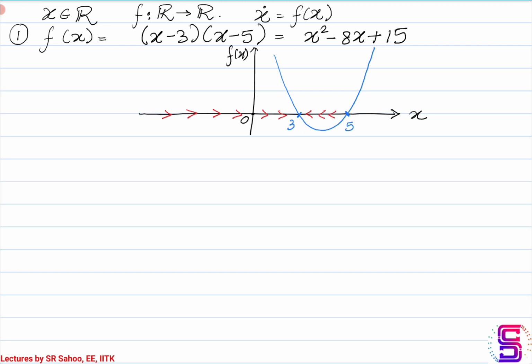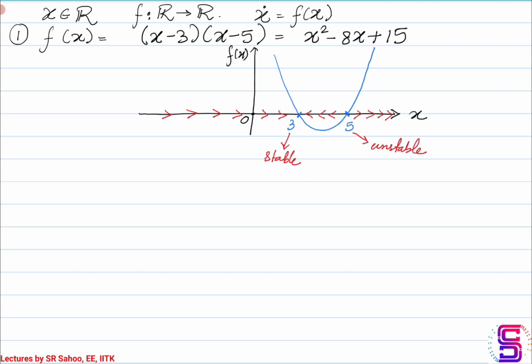And for the points on the right side of 5, ones which are more than 5, you will have vectors which are pointing away from 5. So from this vector field diagram, we can conclude that 3 is a stable equilibrium point, whereas 5 is an unstable equilibrium point.